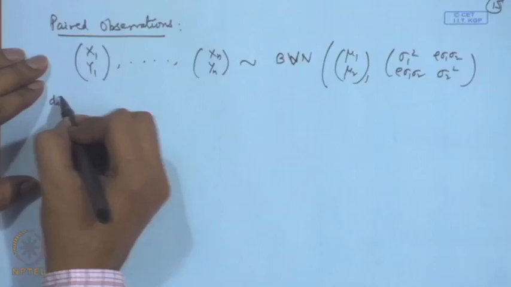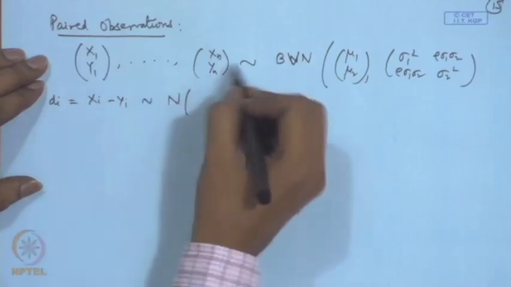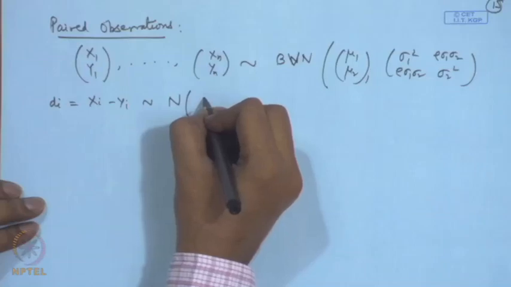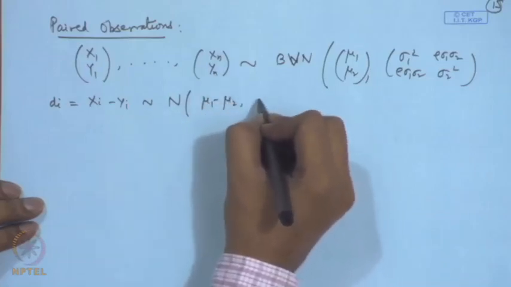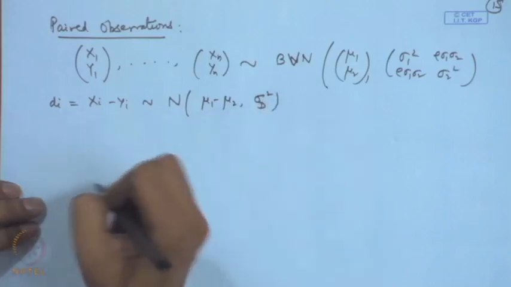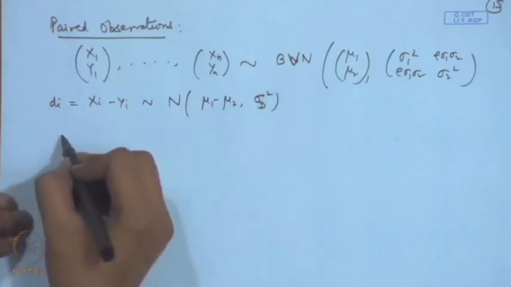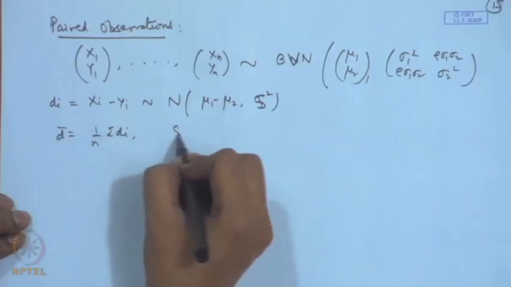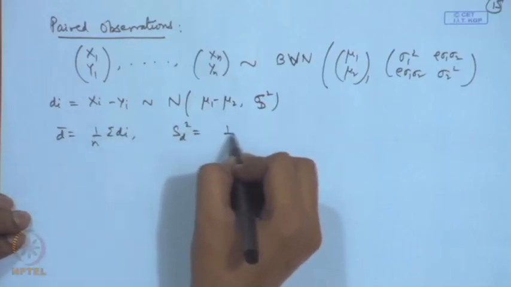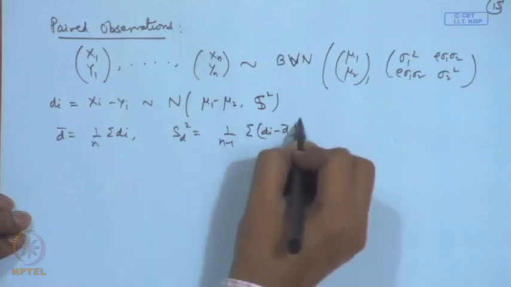If we consider d i's as x i minus y i, then from the property of the bivariate normal distribution, this will have mean mu 1 minus mu 2 and certain variance which we write as sigma d square. Now, we can consider d bar as 1 by n sigma d i and S d square is equal to 1 by n minus 1 sigma d i minus d bar whole square.